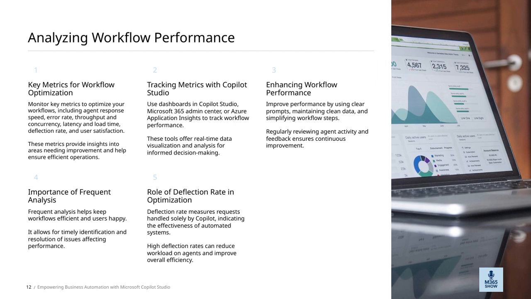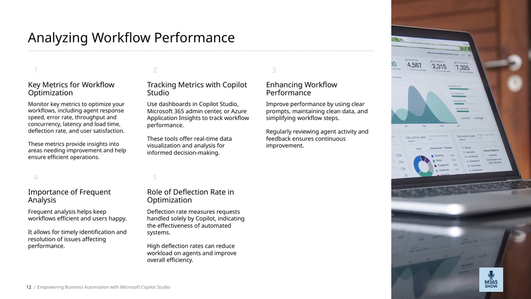Now, to keep track of all these metrics, we leverage dashboards available in Copilot Studio, the Microsoft 365 Admin Center, or Azure Application Insights. These tools give us real-time data visualization and analysis, so we can make informed decisions quickly.